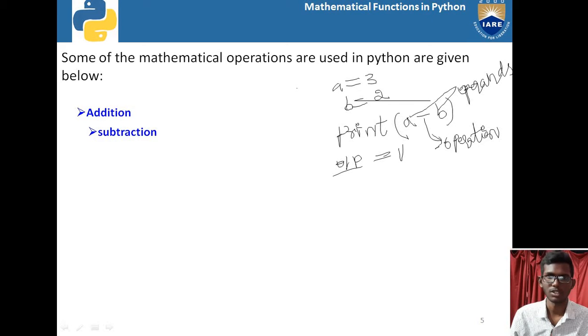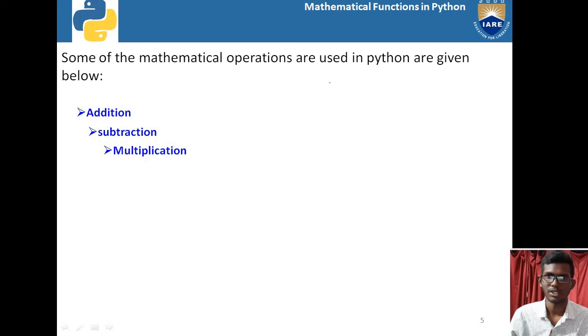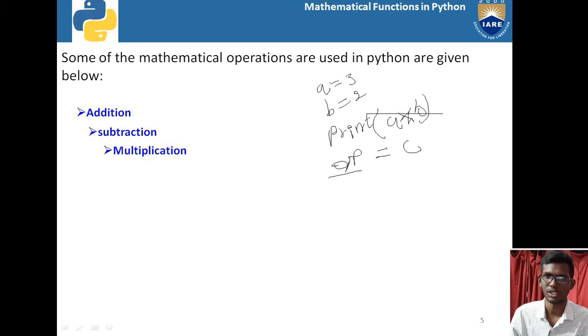Subtraction is completed. Now we go to another operation, multiplication. Now we take a simple example: a equal to 3, b equal to 2, print a star b, and the output is 6, 3 times 2 is 6.